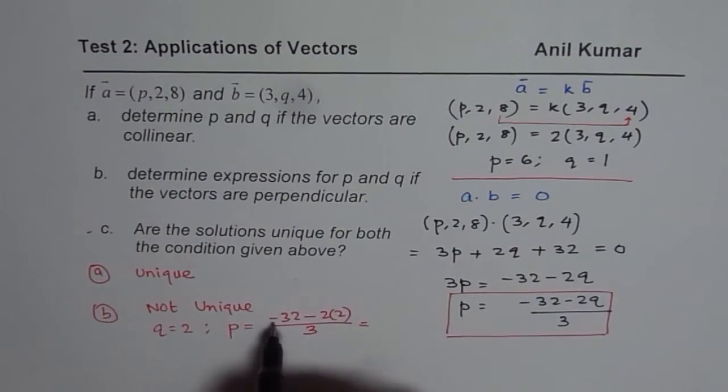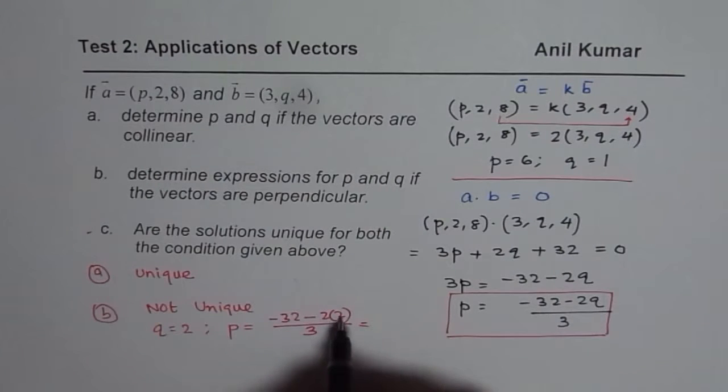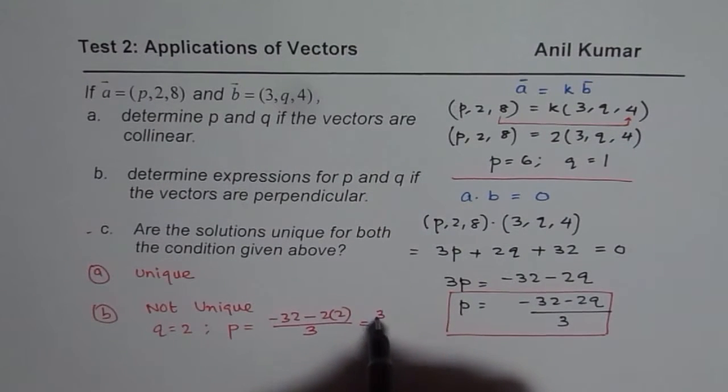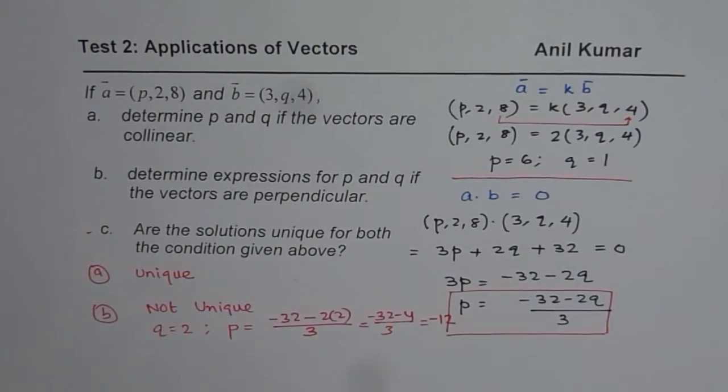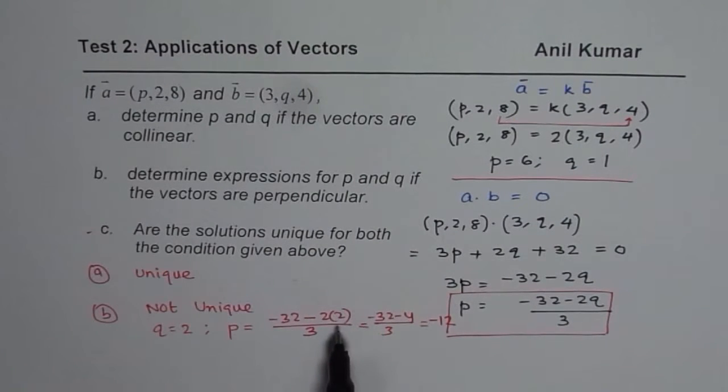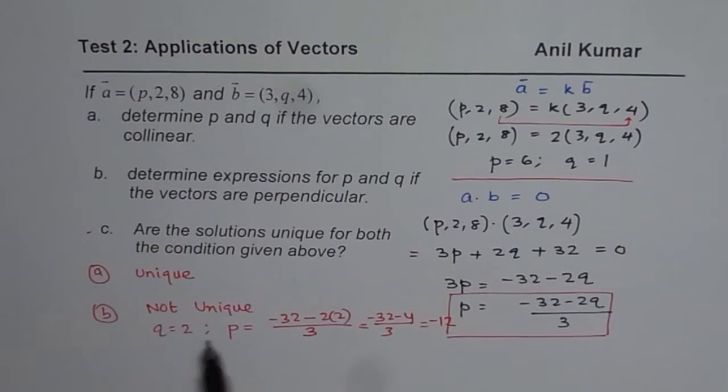So that is minus (32 plus 4) over 3, which is minus 36 over 3. So it gives us minus 12 as the answer. So that could be one of the solutions. Likewise, we can have many more solutions. So there is an infinite number of solutions for the second set. That is how we can say whether for perpendicular conditions we have a unique vector or not.